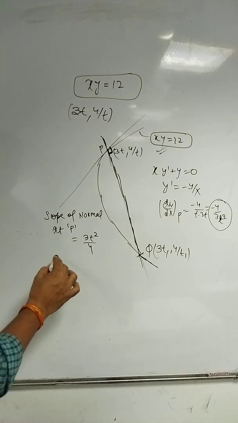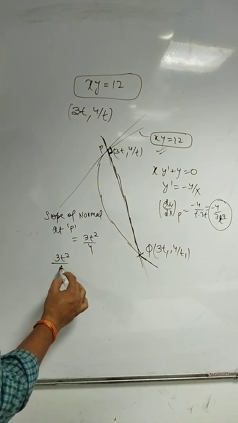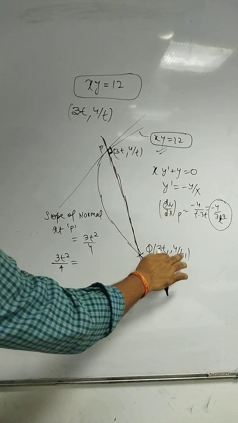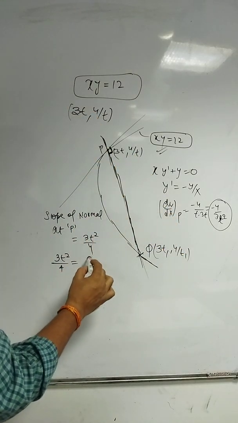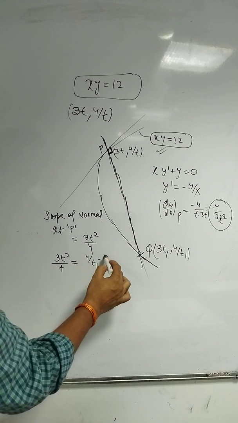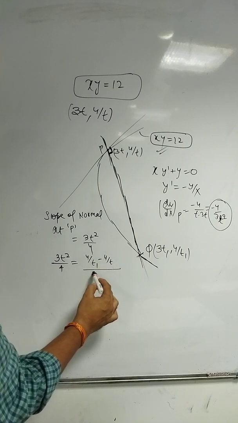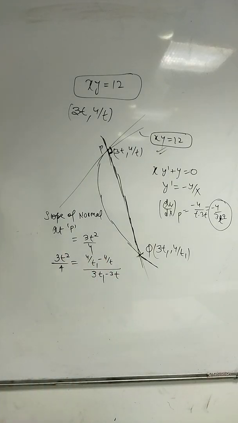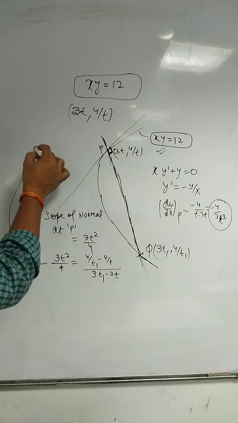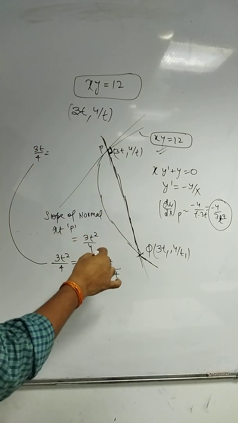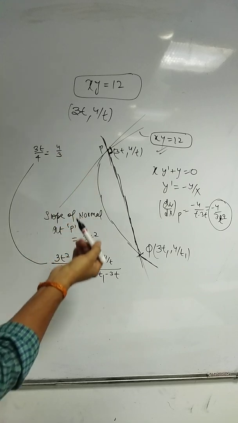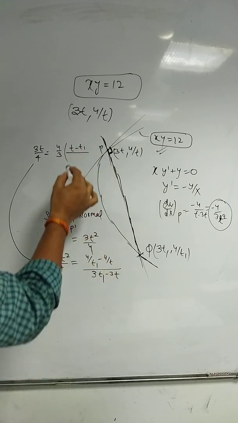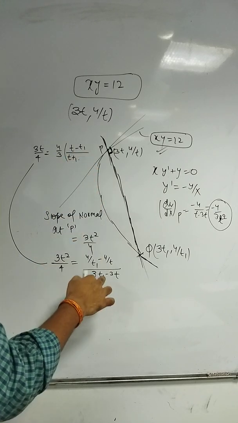Okay, and 3t square by 4 is the slope of the normal, the slope of PQ, and the slope of PQ can be written as y2 minus y1 upon x2 minus x1. So (4 upon t1 minus 4 by t) upon (3t1 minus 3t). So 3t square by 4 is equal to 4 by 3, and this will come out (t minus t1) upon tt1, and this is (t1 minus t).